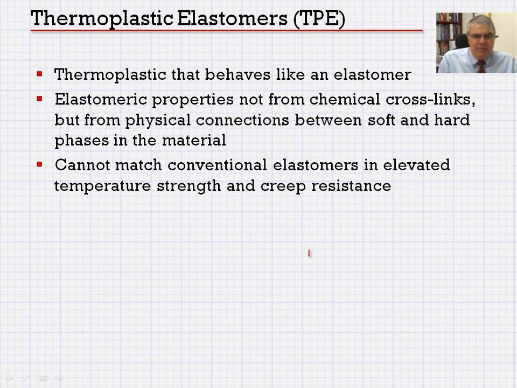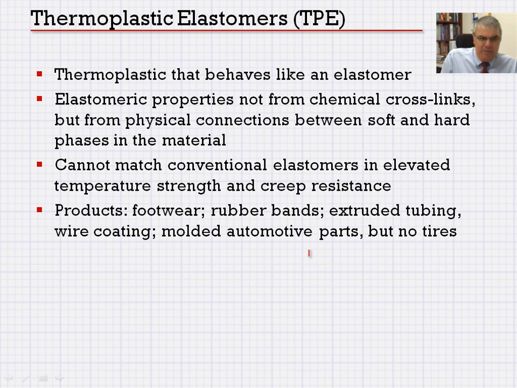These materials, of course, cannot match the conventional elastomers when we increase the temperature and in creep resistance. Creep is also another thing that is important in material, and we always look at that as well.